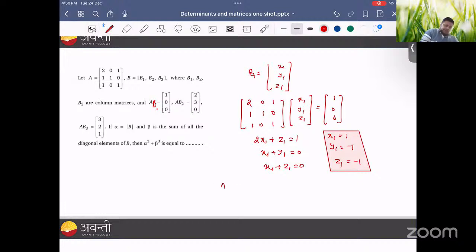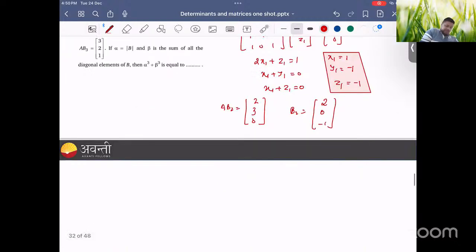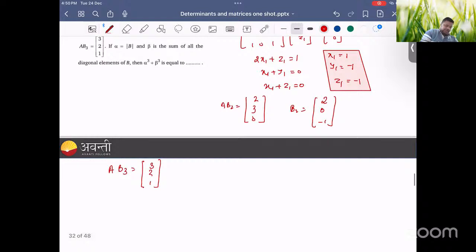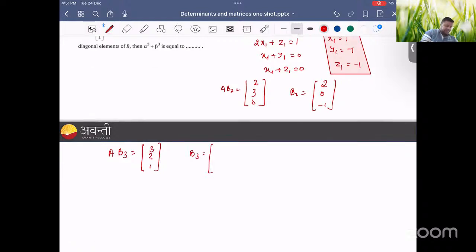Similarly, if you apply AB2 as given to me as 230, from this you will get B2 as 2, 0, minus 1. And similarly, if you do AB3 as 321, in that case B3 you will get as 2, 1, minus 2.